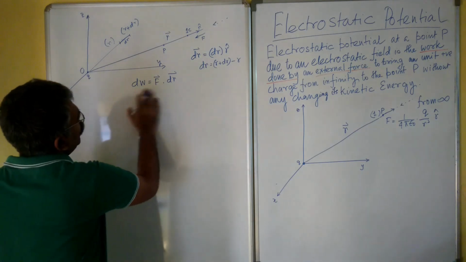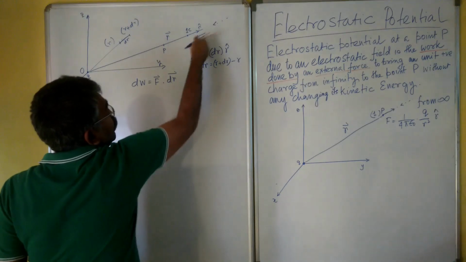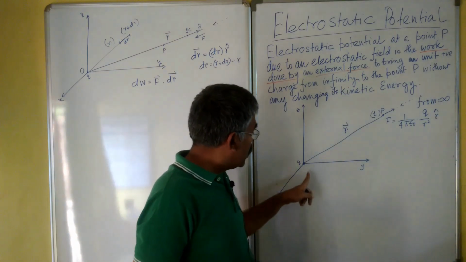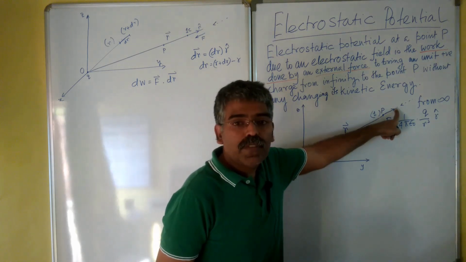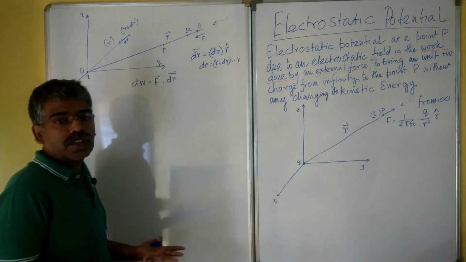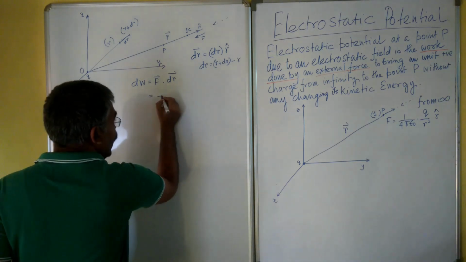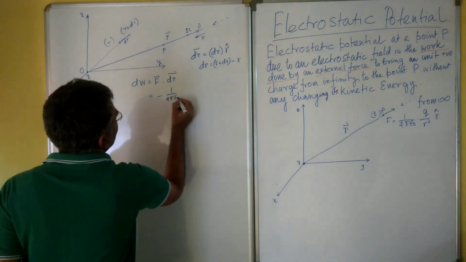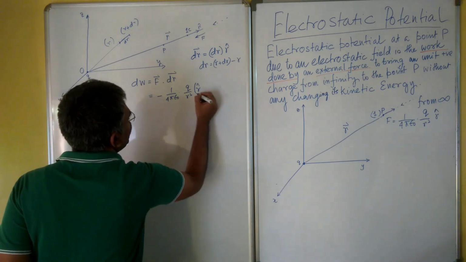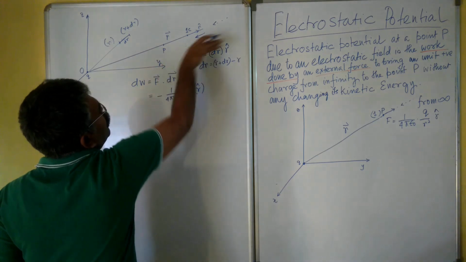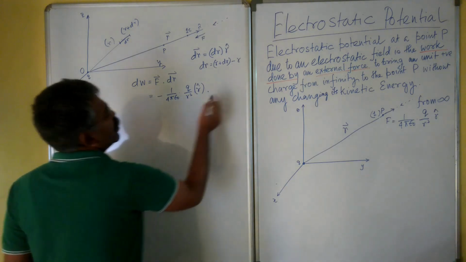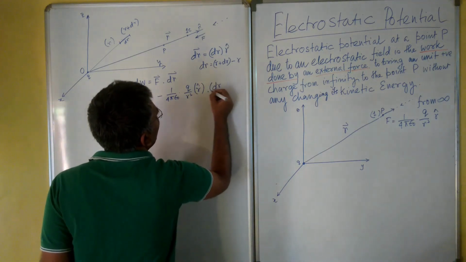Now dW is F dot dr, but F is in the opposite direction. The force due to the point charge q on this 1 coulomb of charge is radially outward, but this force is the external force I am giving. So that is minus 1 by 4 pi epsilon 0, q by r square, times r cap, opposite to r cap, times dr, and dr is dr times r cap.